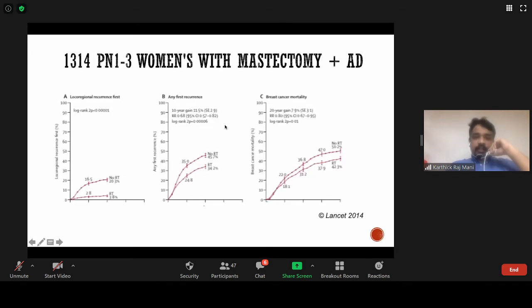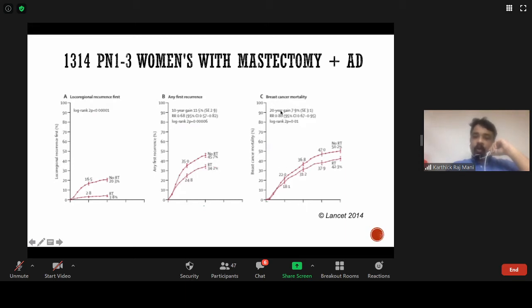I think this is the slide Dr. Kamala showed, and I just want to show it clearly. Obviously there is an advantage of regional node irradiation. For loco-regional recurrence, with RT we have a significant advantage, somewhere around 17% for first recurrence, compared to about 8% to 9%.